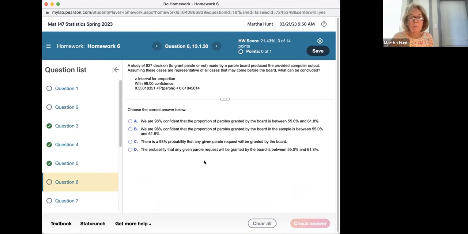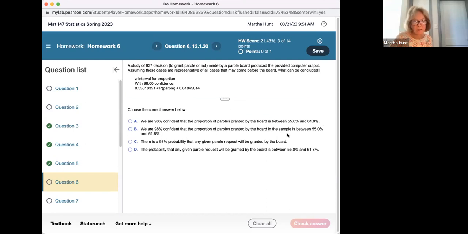So what's the subtle distinction between A and B? A is a broad statement about the decision made by the board. This one is a statement about the sample.